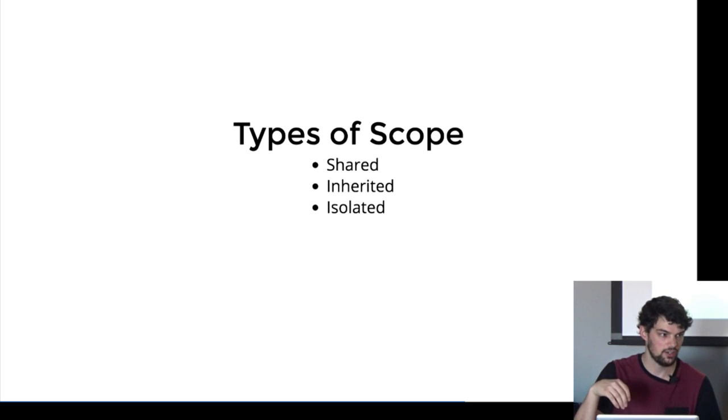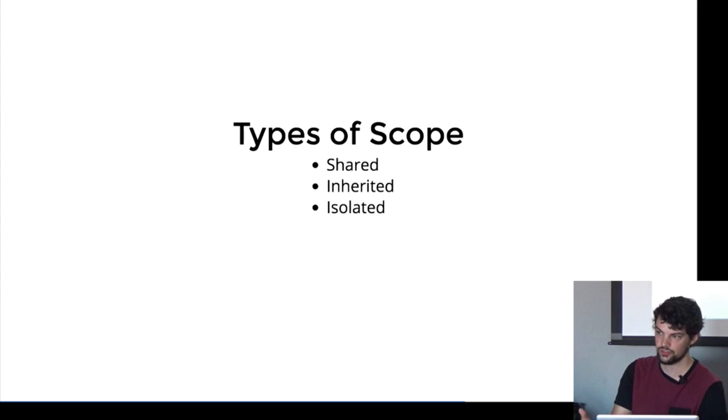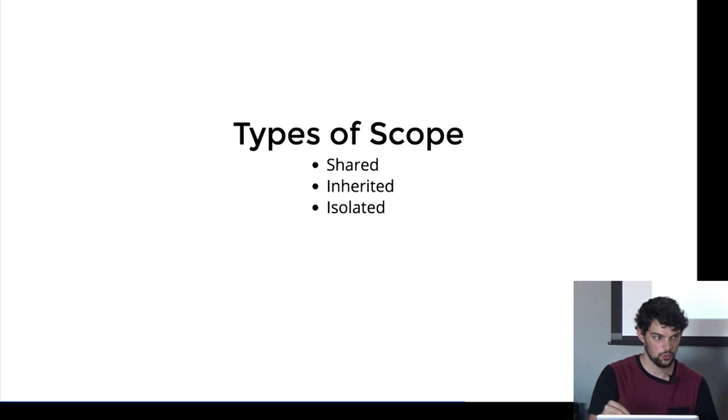If you add things to the child, it'll only reflect on the child, but if you add things to the parent, it'll go down to the child. And there's also isolated, where the child directive gets its very own scope, and you can pass variables, functions, and strings to that scope. That way, that scope only worries about what it's doing.